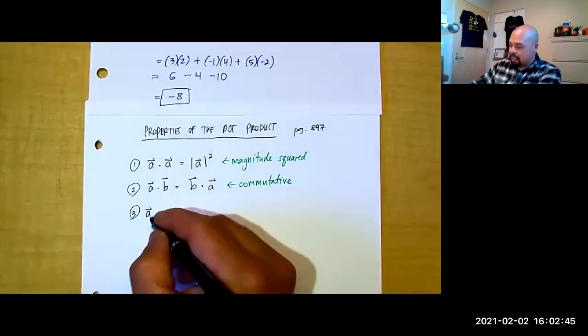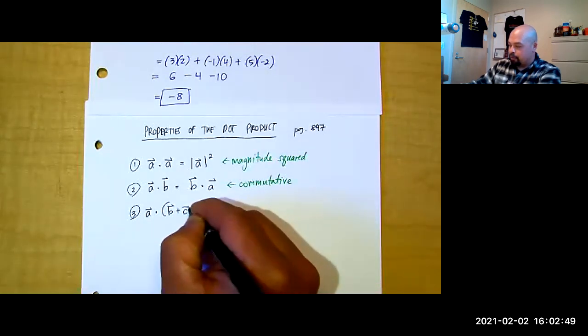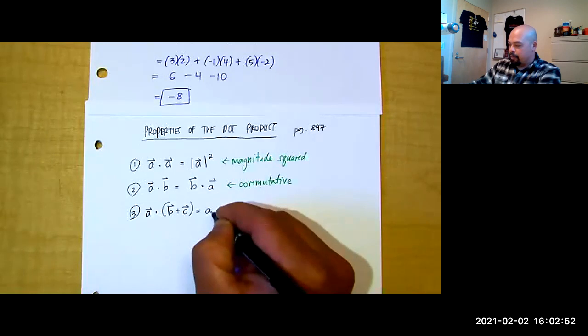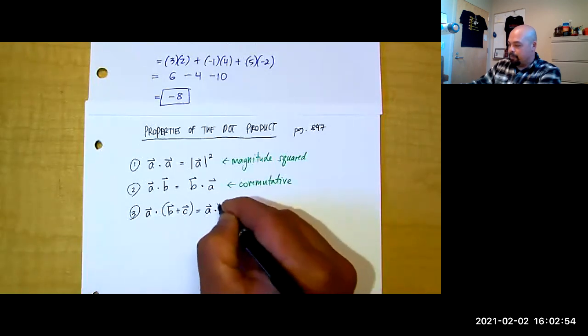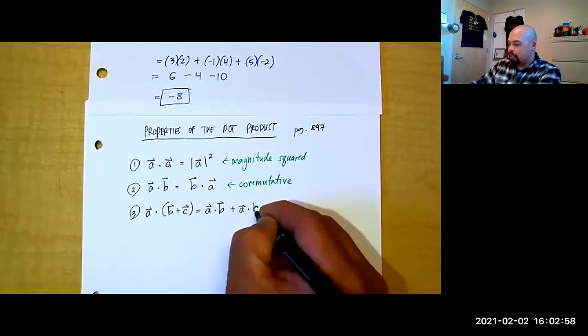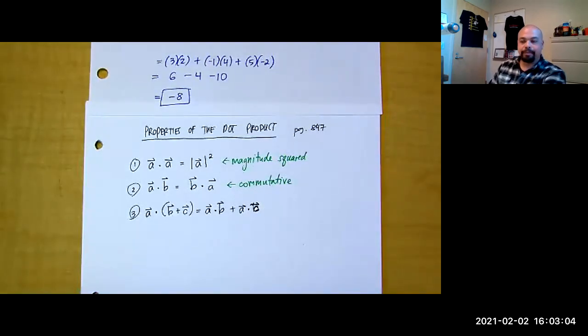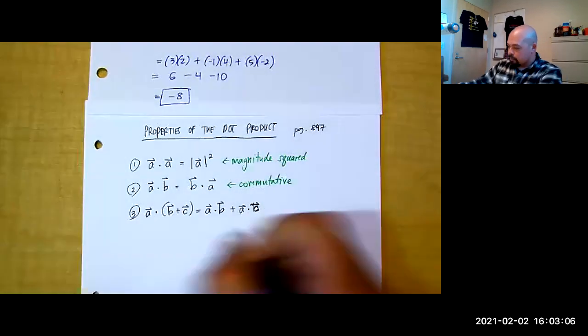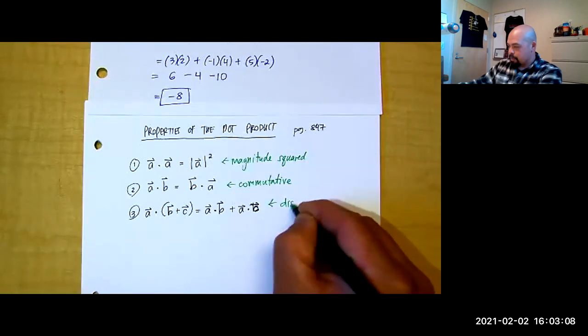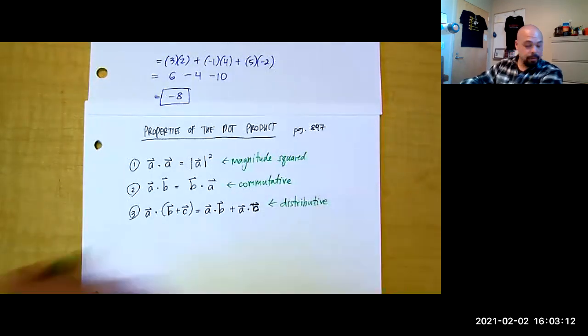If you have A dotted with the sum of two vectors, B plus C, sorry, this is C right there, we can distribute that dot product through that sum. So that's the distributive property.